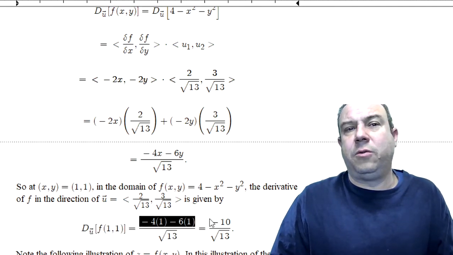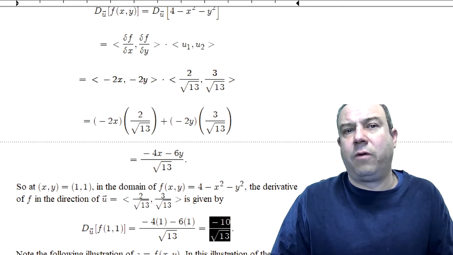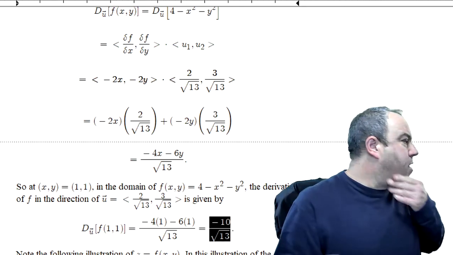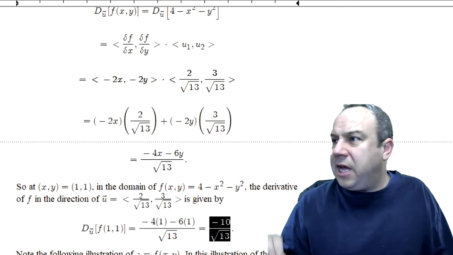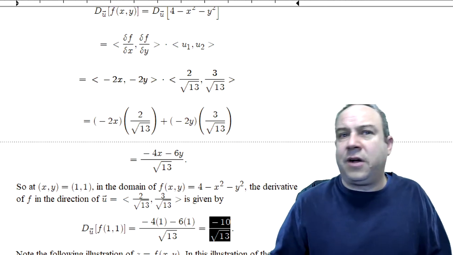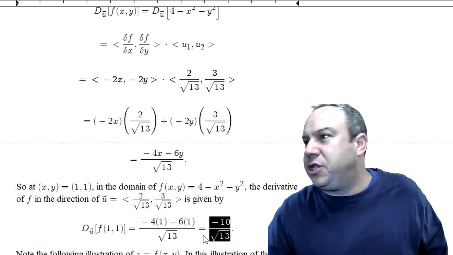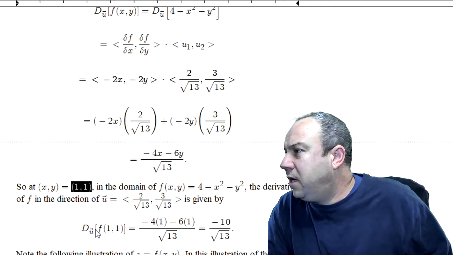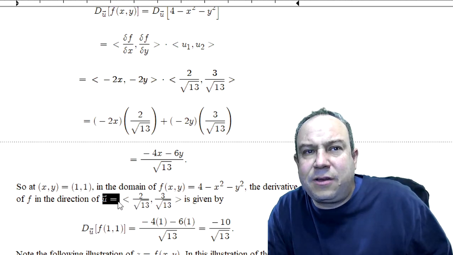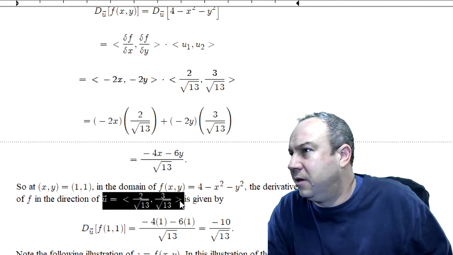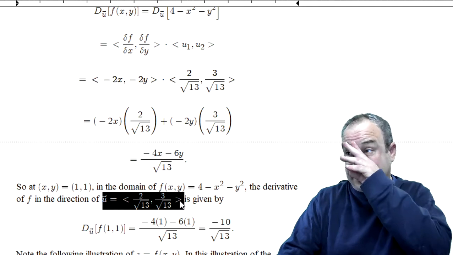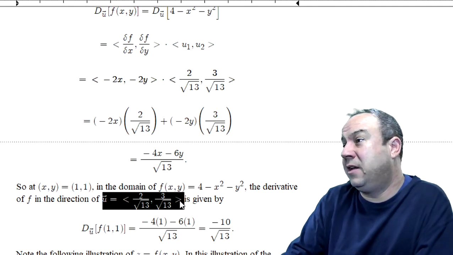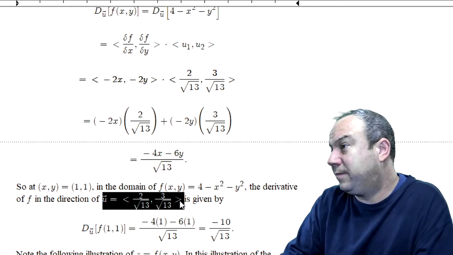In the numerator, you will end up with negative 10 over that square root of 13. And that is the rate of change in the output of this function with respect to a change in our input at the coordinate 1 comma 1 in the direction of this unit vector, where that unit vector says you're essentially moving 2 units to the right and 3 units up in direction.